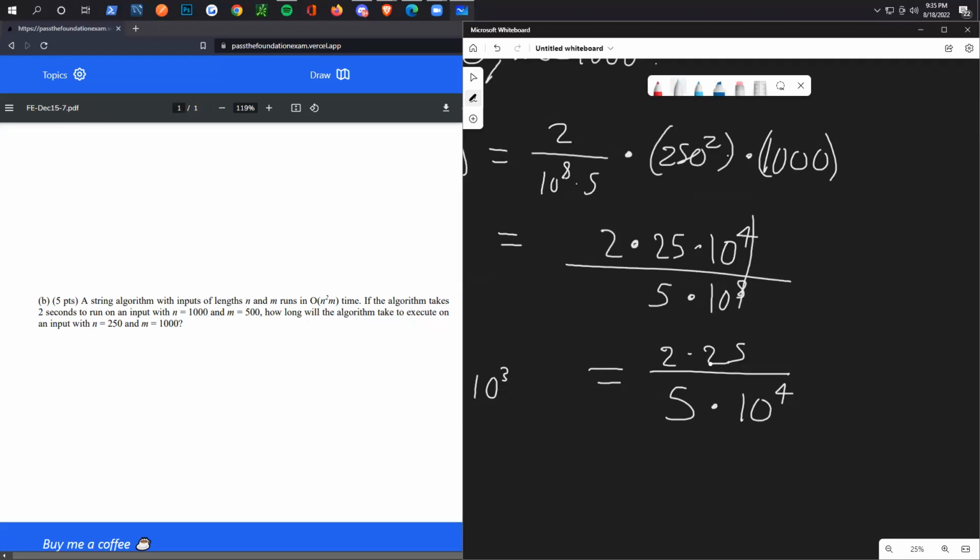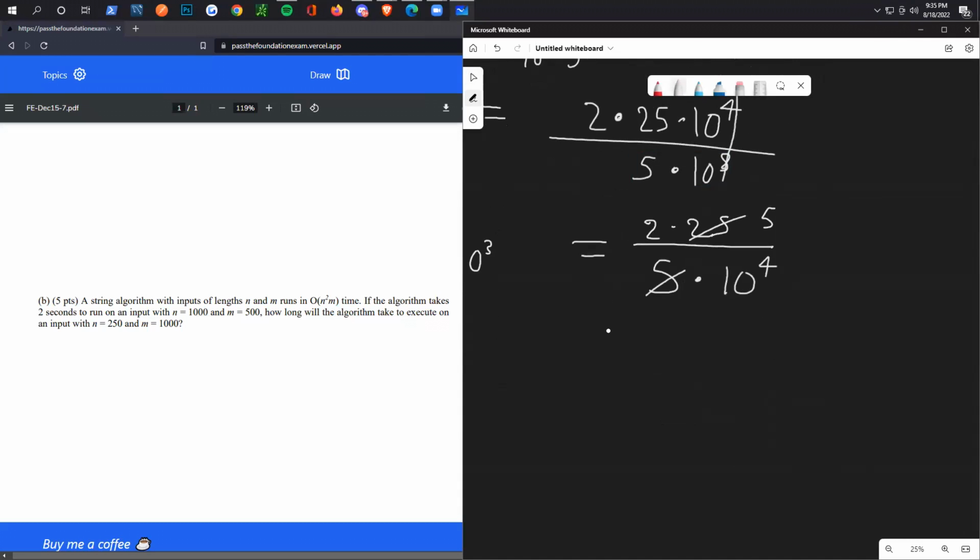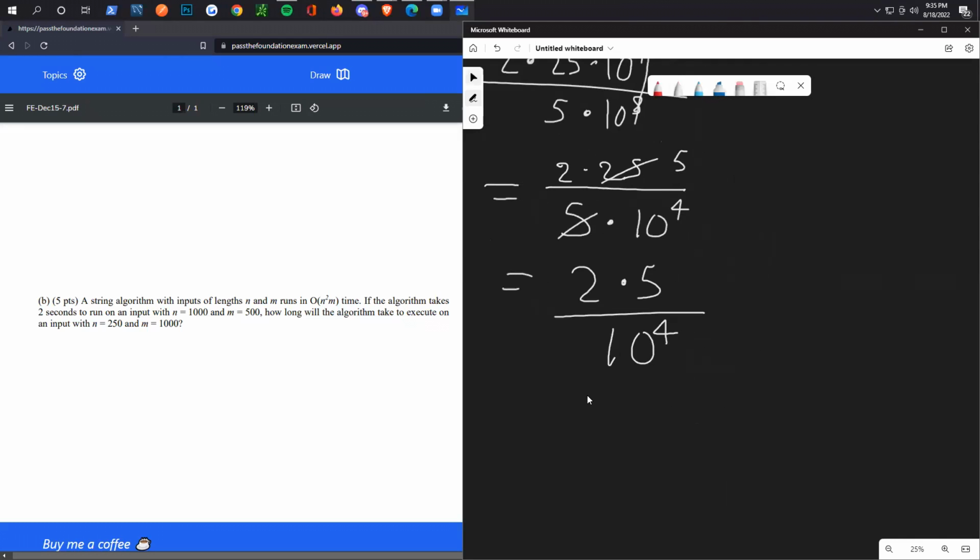And now from here, we can divide these out. 25 over 5 is just 5. So we're going to end up with 2 times 5 over 10 to the 4. And again, 2 times 5 is just going to be 10.